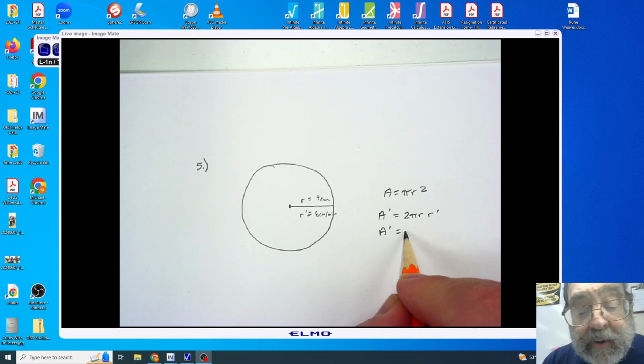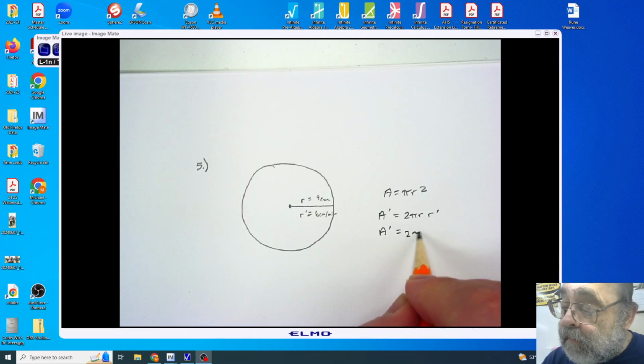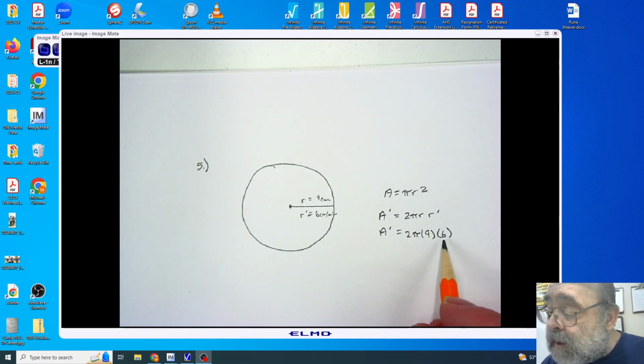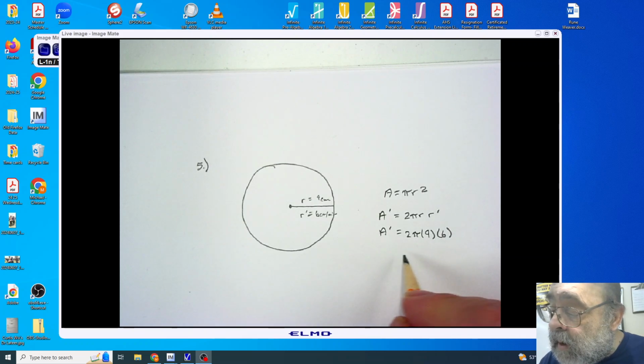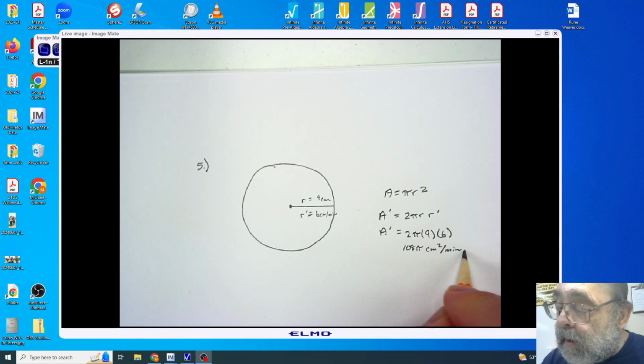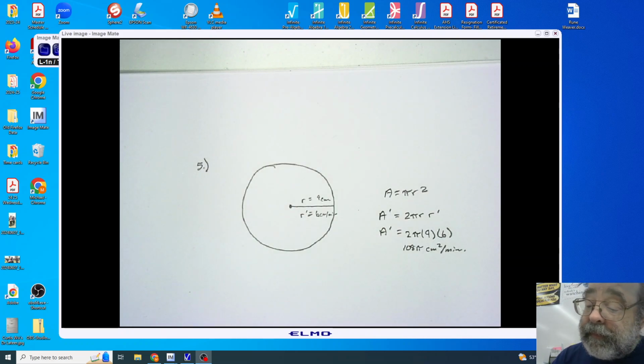So we have 2 times pi times 9 times 6. And we're now going to just multiply that together in order to figure out what our answer is. So you'll notice we get 54, and we should have 108 pi, and this would then be centimeters squared per minute. And there is number 5.